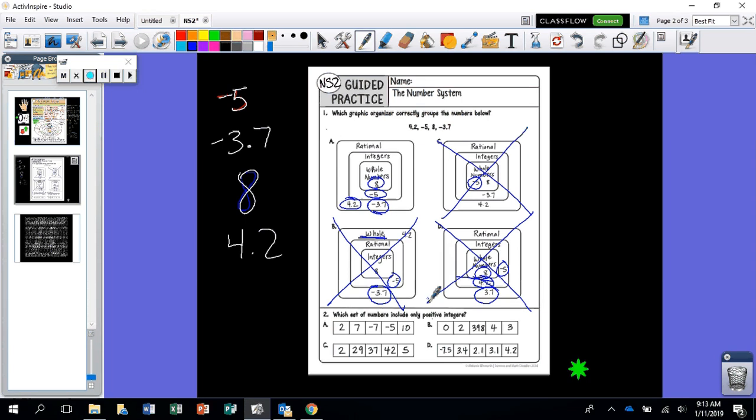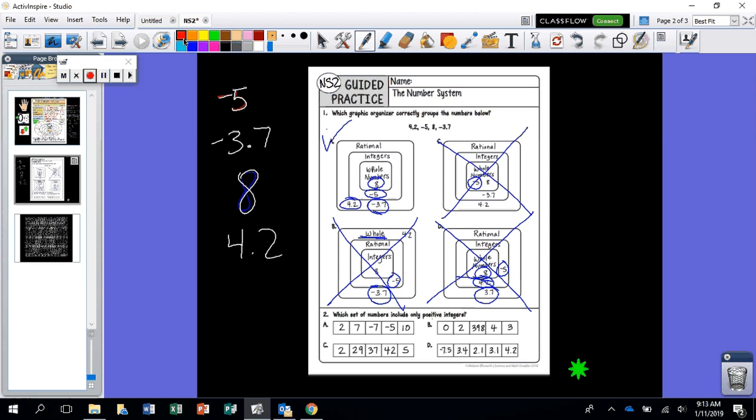Now, moving on to number 2. Which set of the numbers include only positive integers? Well, first of all, let's talk about those two things. First is, what does it mean to be positive? All right, well, positive means that it's not negative.